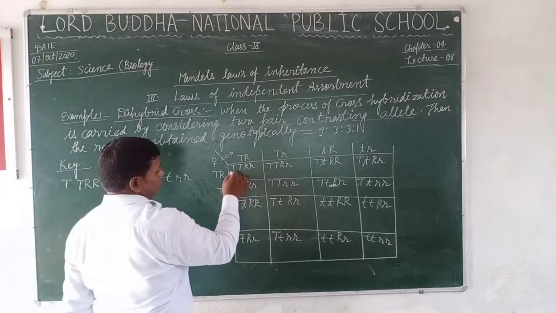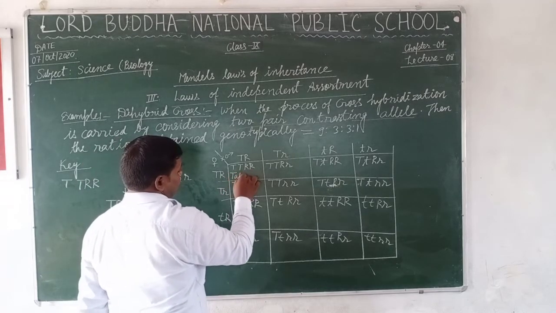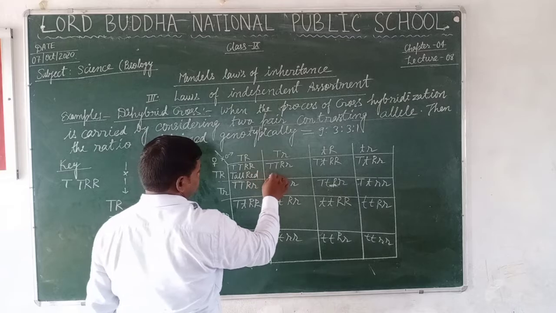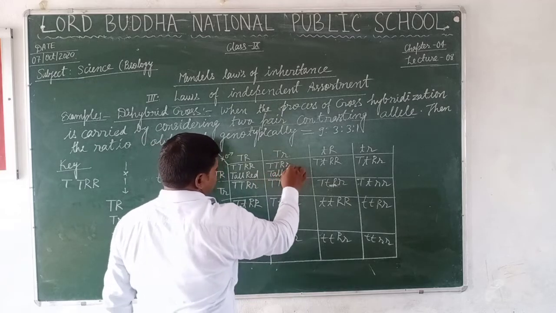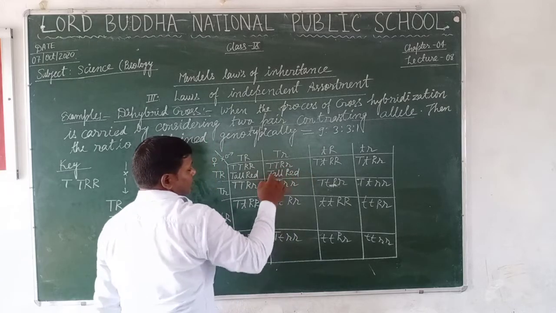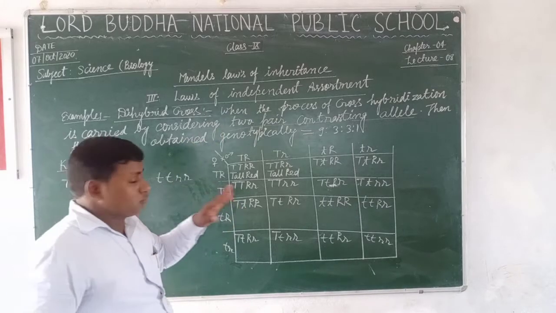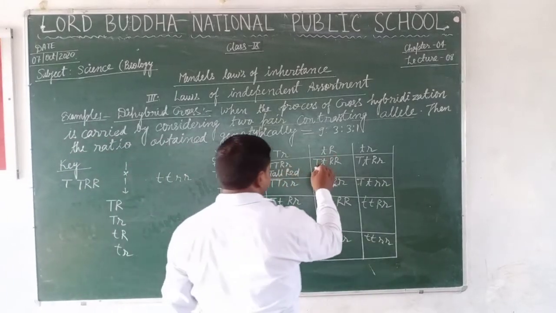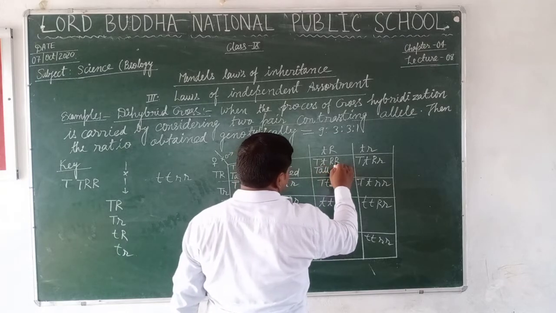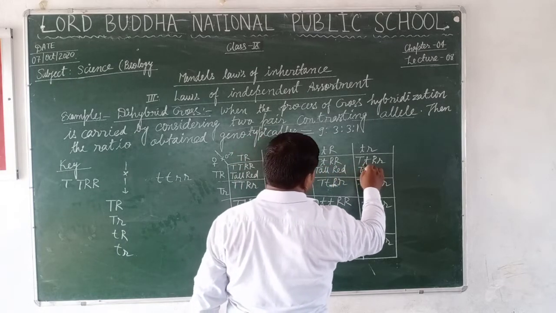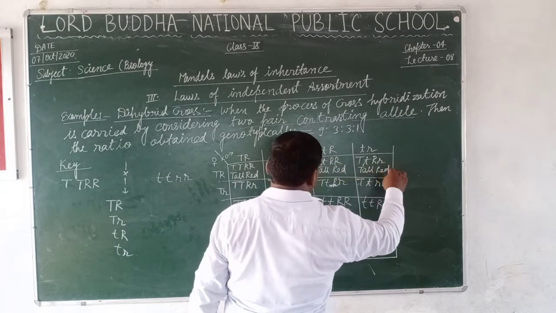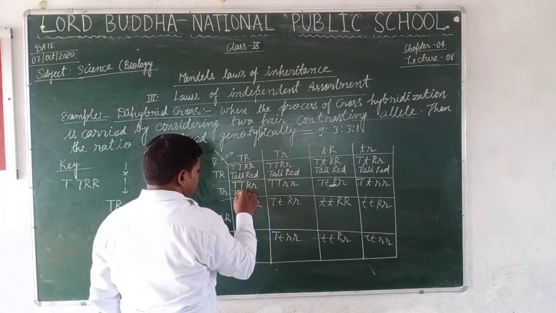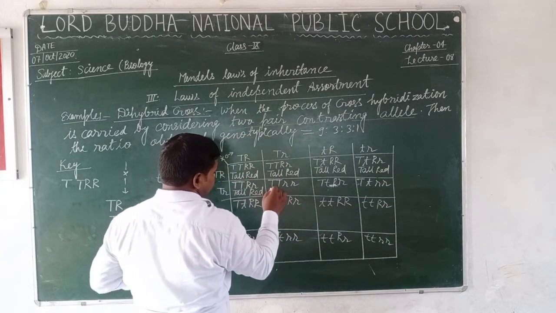Now the individuals obtained have tall and red flower, because the capital is the dominant trait. That's why it overrides the recessive ones. Tall, red. This is also tall, red.